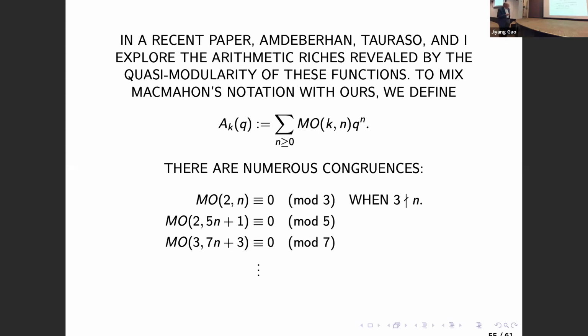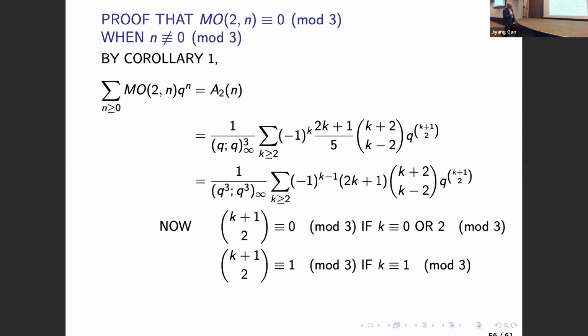I'm listing just a few here. For example, that MO of 2n is congruent to 0 mod 3 whenever 3 does not divide n. This is not too difficult to work out, because if you take the formula that you have for this mod 3, the infinite product collapses to a function of q cubed.